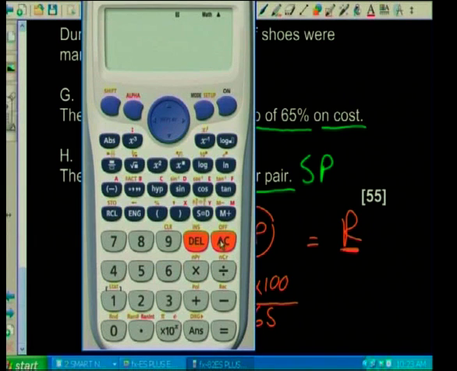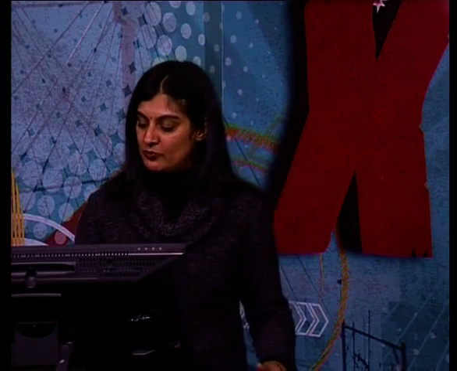We've got a selling price of 198 Rand. We're multiplying this by 100 and dividing by 165 to get a cost price of 120 Rand. That's how much it costs the business to manufacture one pair of shoes.